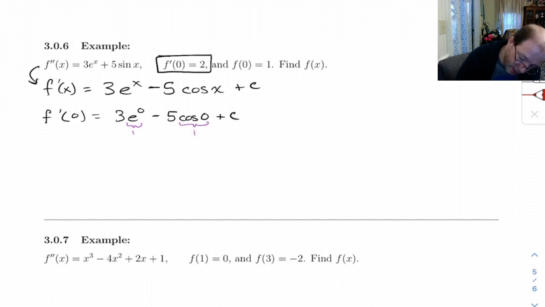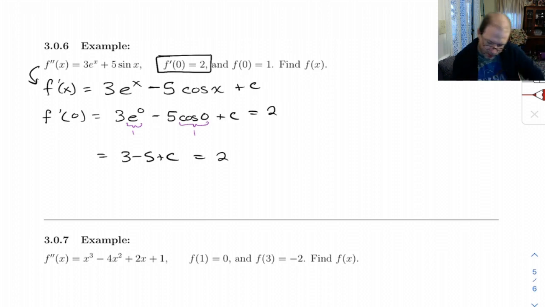So what I get here is 3 minus 5 plus c, and that's equal to 2. 3 minus 5 is negative 2. So c is 4.